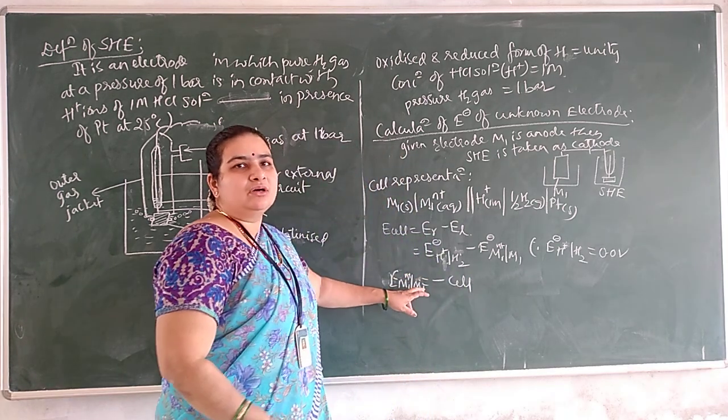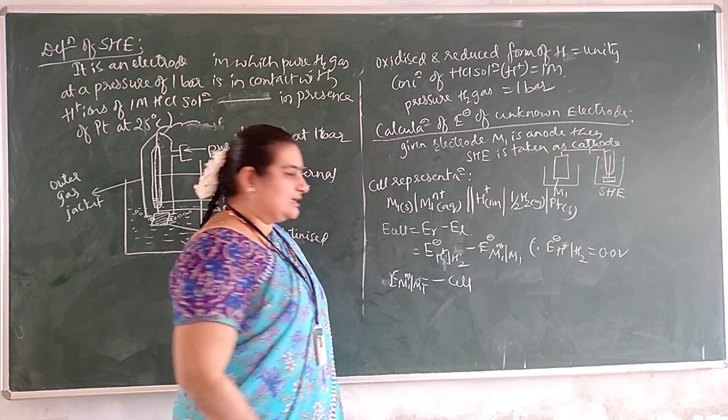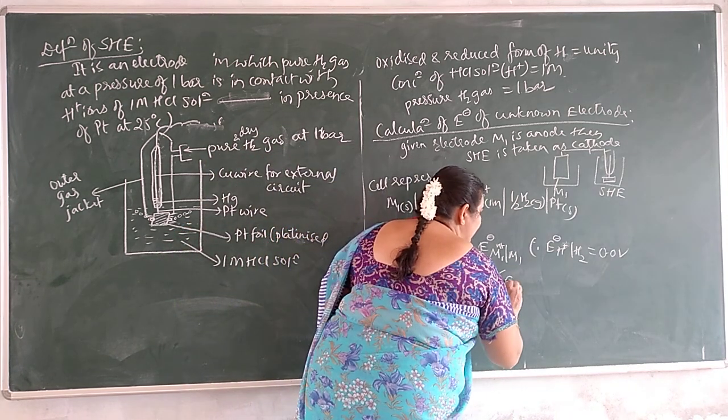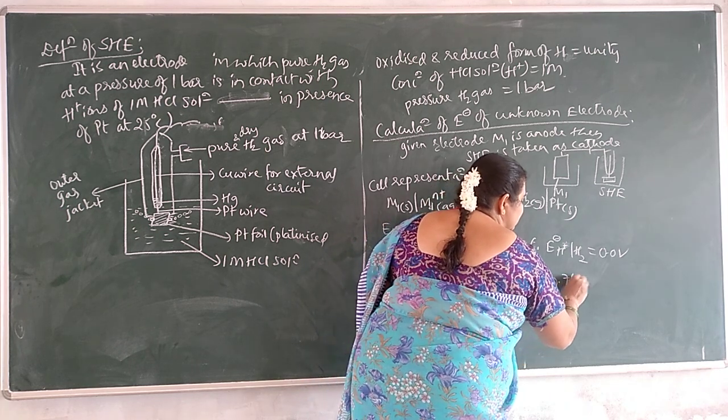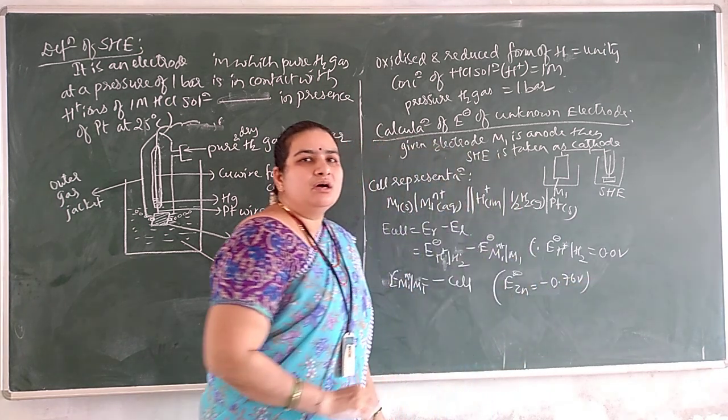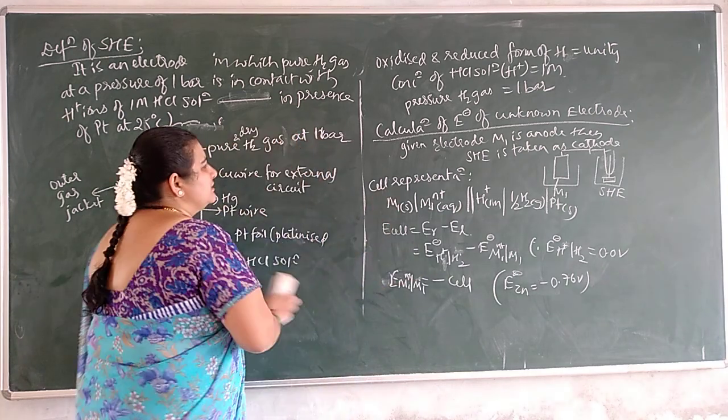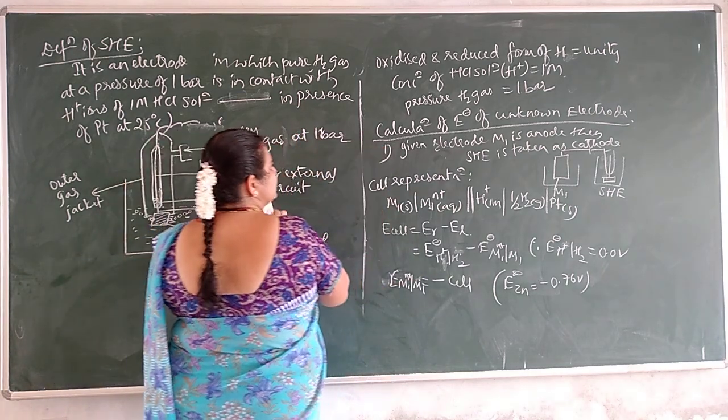This is how, in the Daniell cell, we calculate the electrode potential of zinc as minus 0.76 volt.